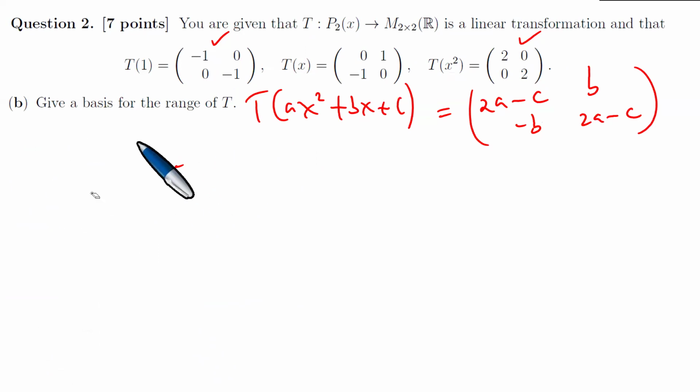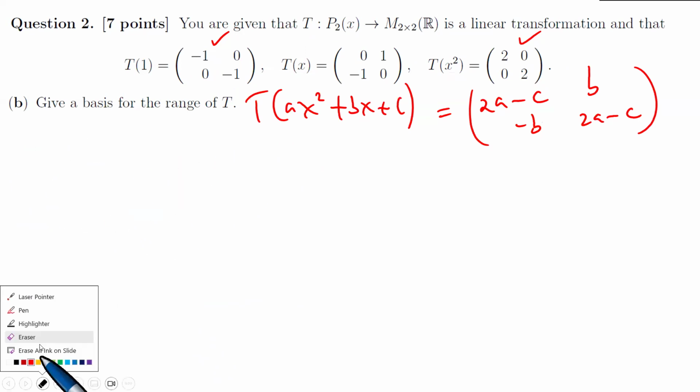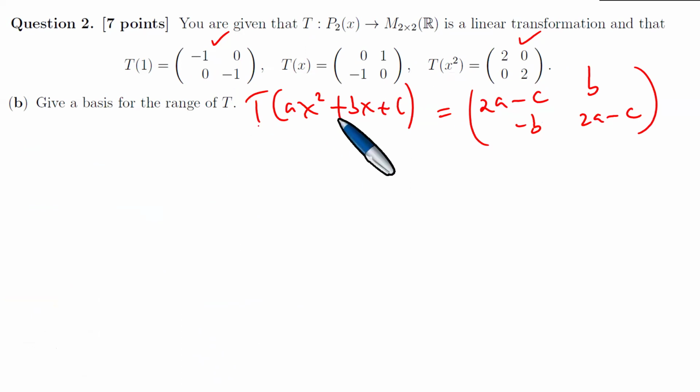But in general, you must check linear independence. You must discard this vector because it is the same as, a multiple of, this vector. So you take this vector and this vector, and then you throw this one out.